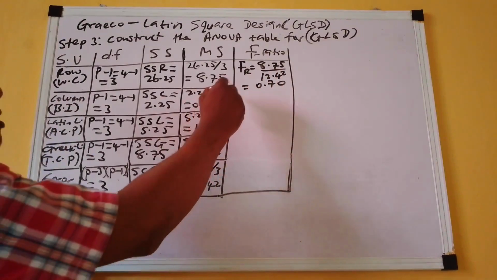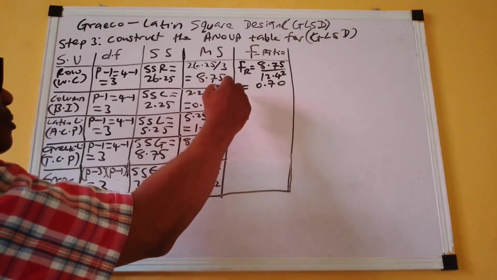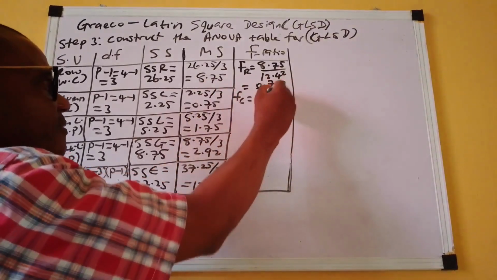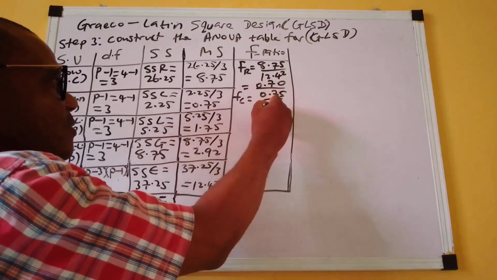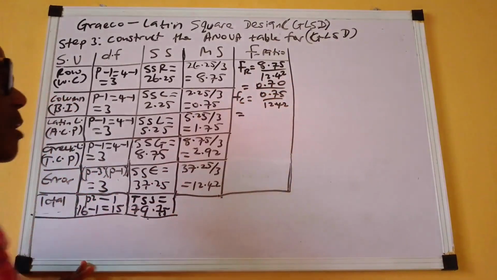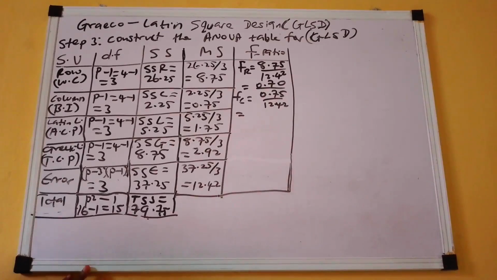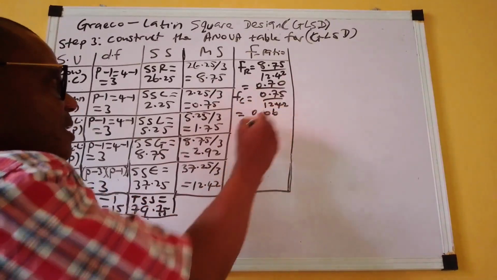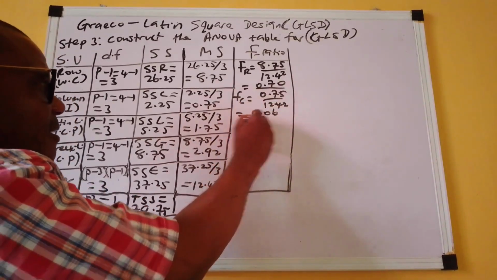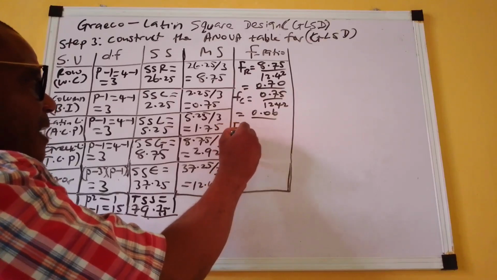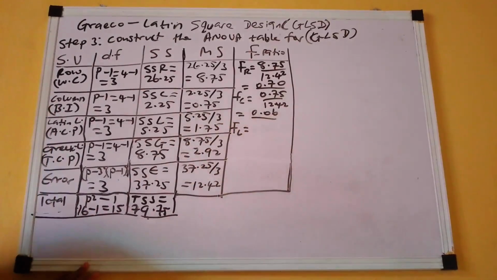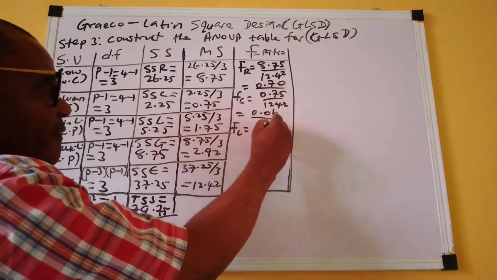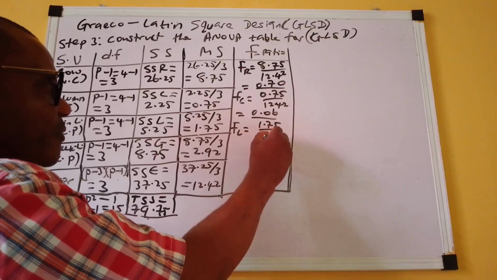Then for the next one, F columns will be equal to 0.75 all over 12.42. You are going to get 0.06. Then our F Latin letters will be 1.75 all over 12.42.